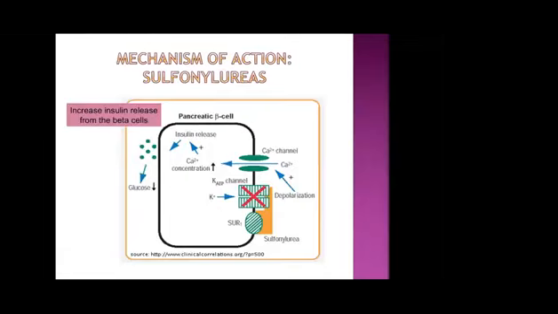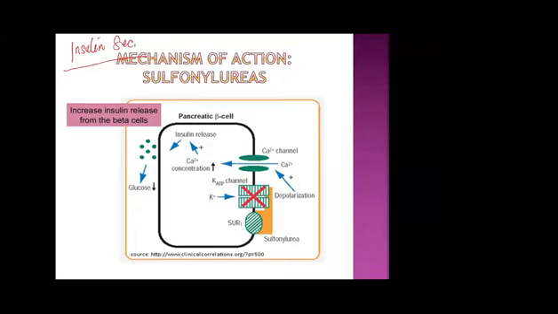Actually, our topic is the MOA and the effects of insulin secretagogues. Okay, so our topic is about insulin secretagogues. Everyone, let us first get to know the term insulin secretagogue. As the term suggests, insulin secretagogues are drugs that can promote release of insulin from the beta cells.